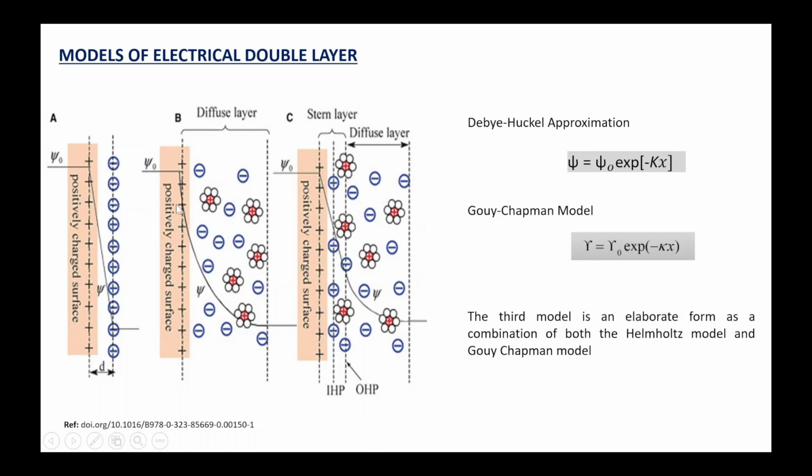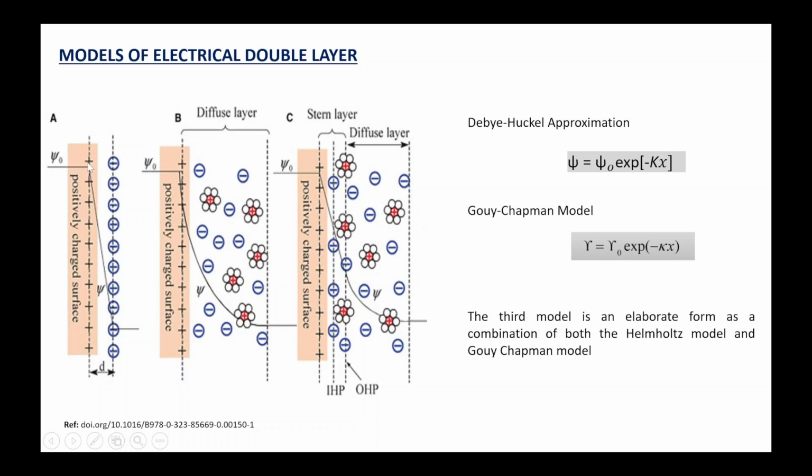That is what you can see from picture B. Here you have the negative ions, the counter ions, and also co-ions, the positive cations, present in the solution. Those will also be present near the positively charged surface, not in a higher concentration, but at a lower concentration.